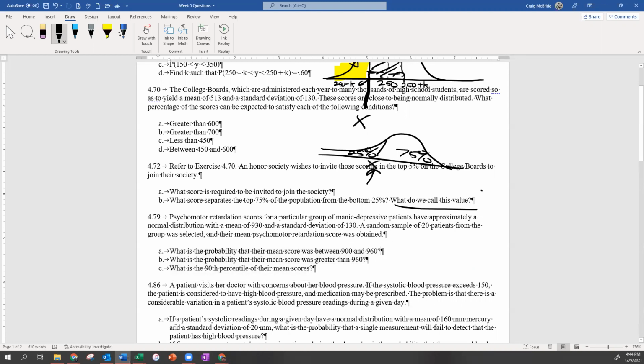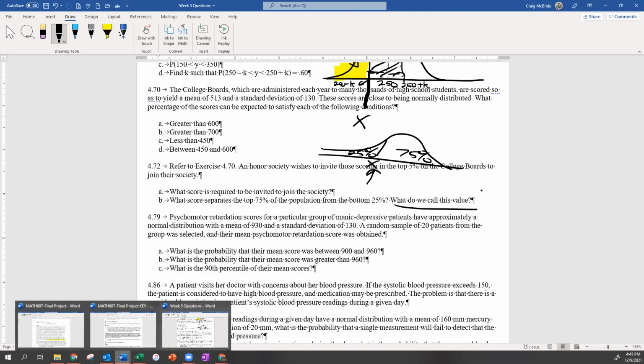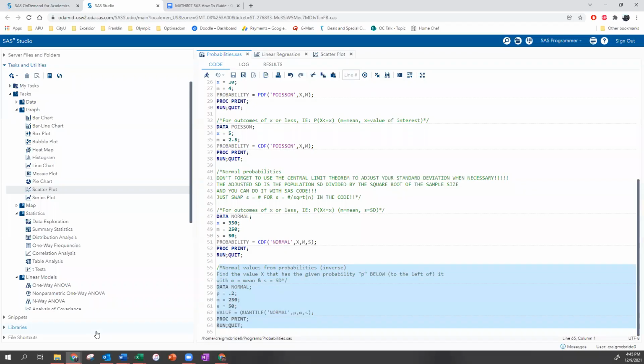If you want to stay as precise as possible, which is always nice, when you run these things you can set your standard deviation to be 50 divided by SQRT of 20, sorry, not 2.